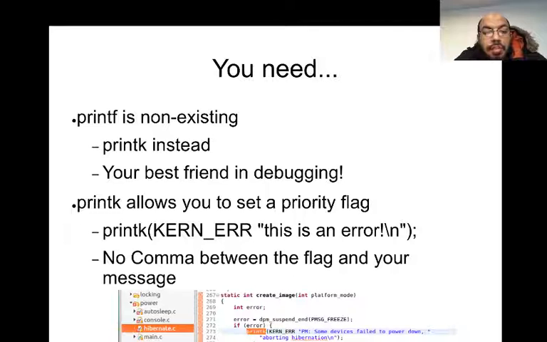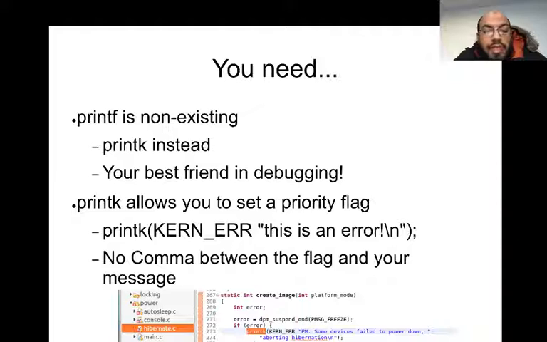This is actually an example from hibernate.c, in the subfolder power, which I believe is in the kernel folder. Hibernate.c is basically your system hibernation file. When you're on your computer and you say sleep or hibernate, this is the file that you go to. I wasn't going to read the whole code, because it wouldn't make sense.